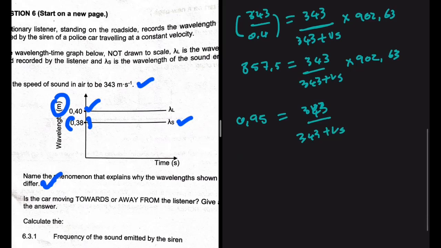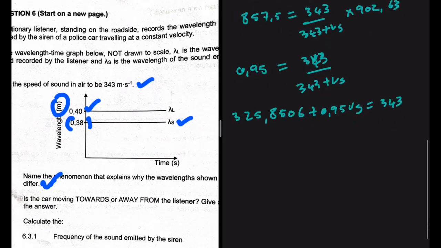Let's cross multiply. So 0.95 multiplied by 343 is 325.8506, and then plus 0.95 Vs is equal to 343.